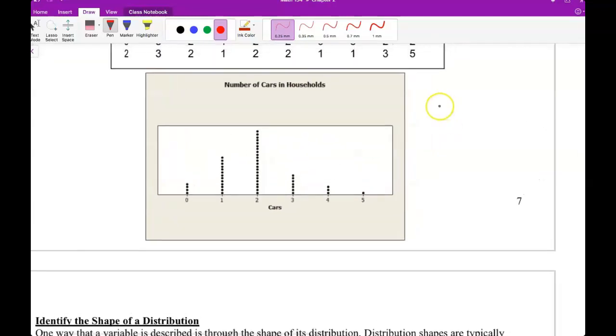Okay, so I'm gonna add that we can use dot plots for either discrete or continuous data.